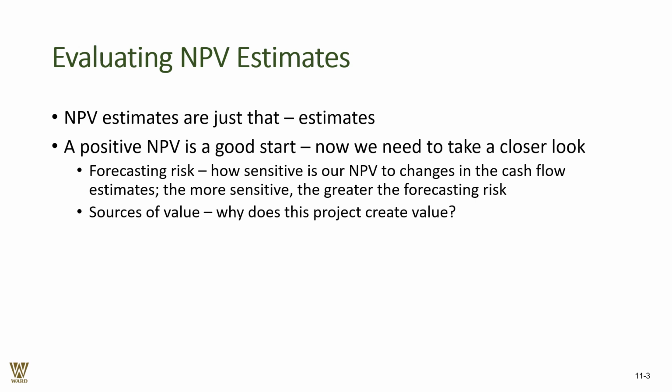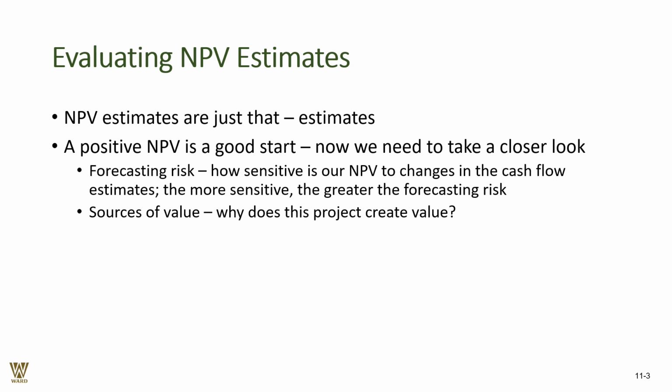Now, this is what we are looking at in net present value. Net present value is just an estimate. A positive value is a good start. And now we need to take a closer look at what we are examining. Forecasting risk: how sensitive is our net present value to change? Did I speak about the $100 purchasing power of today's lunch and dinner for 7 days, and 20 years hence it might only purchase me 2 or 3 days of lunch and dinner?